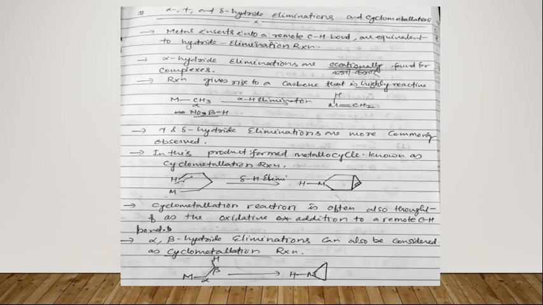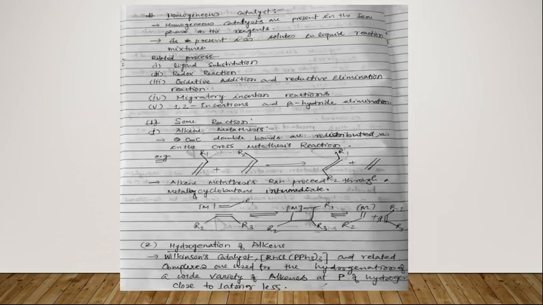You can read more details. And these are the alpha, gamma and delta hydride elimination, cyclometalation. So these are the examples for the alpha, beta, gamma hydride elimination. Okay, so these are important.